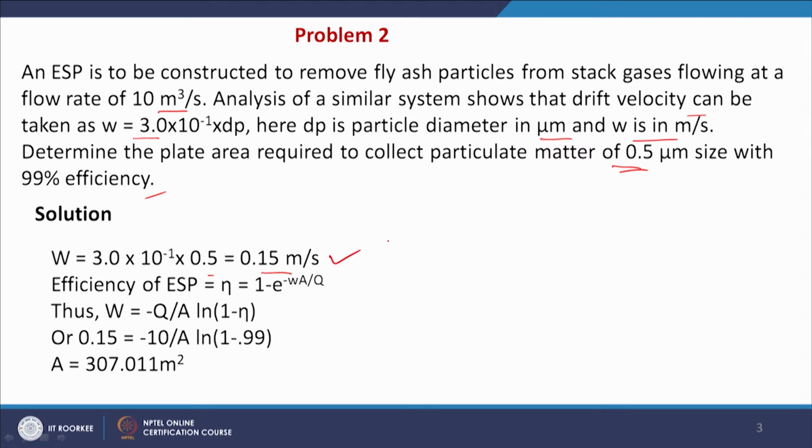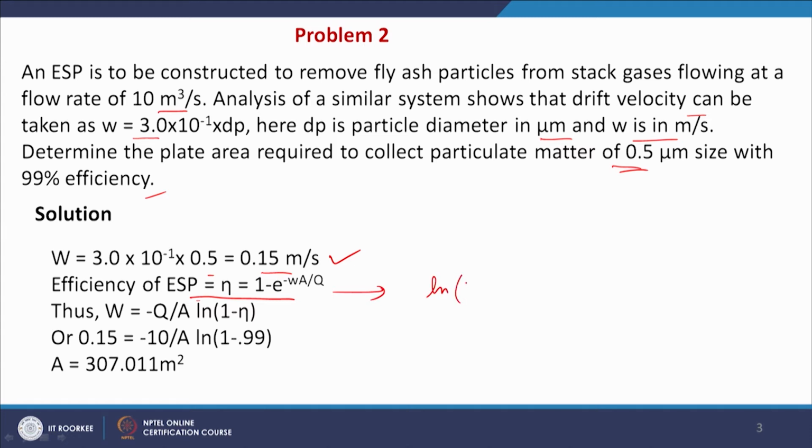So, this W value we will use in our efficiency expression, that is efficiency of ESP, eta, is equal to 1 minus e to the power minus W A by Q. So, what will be the A then? We will take ln on both sides.